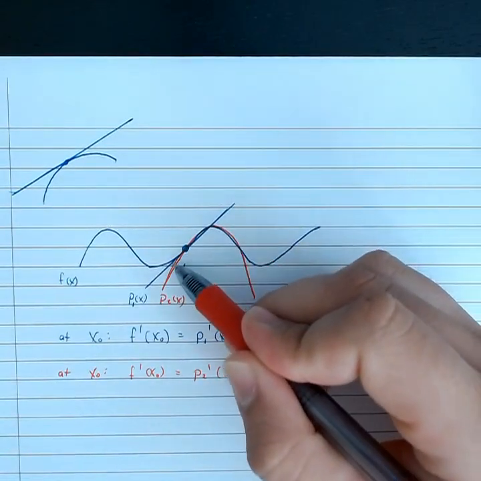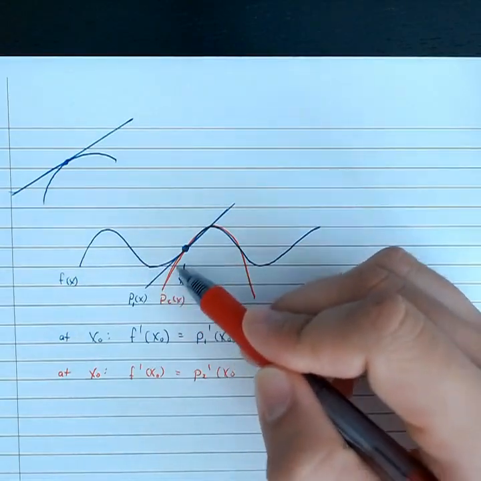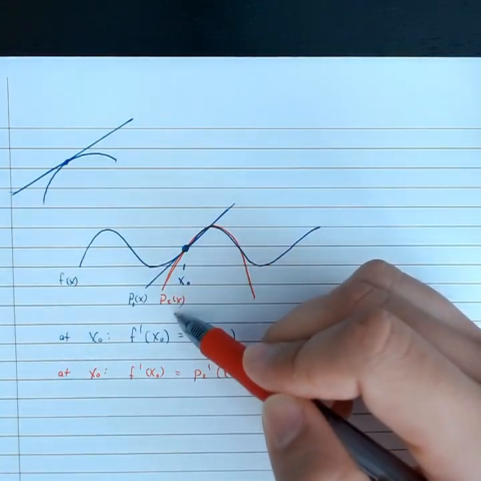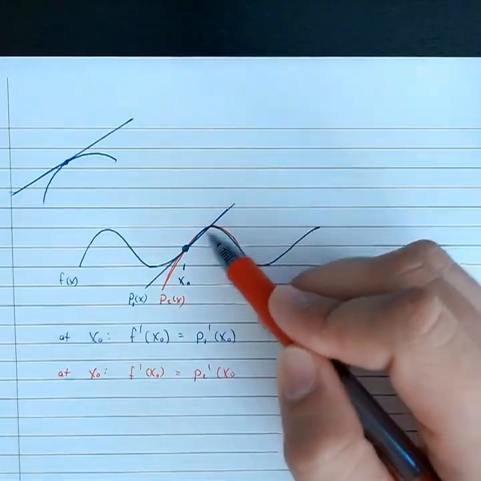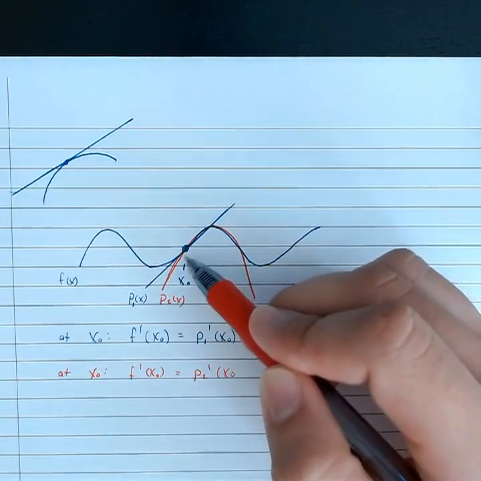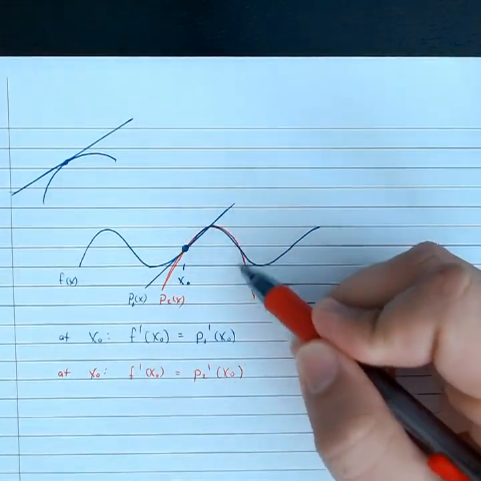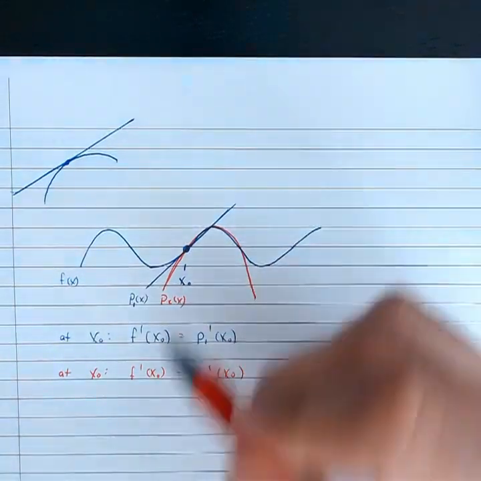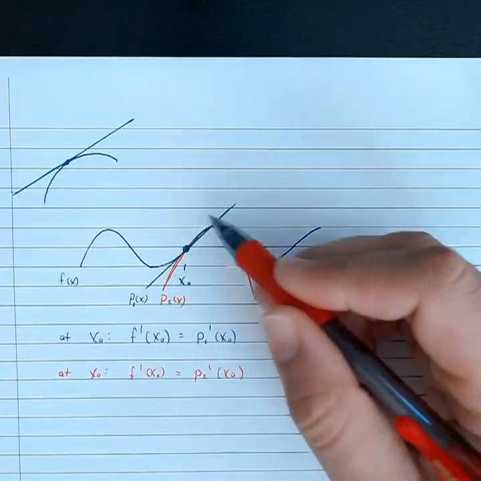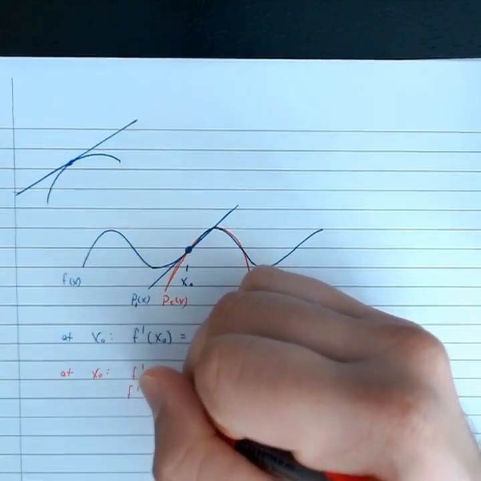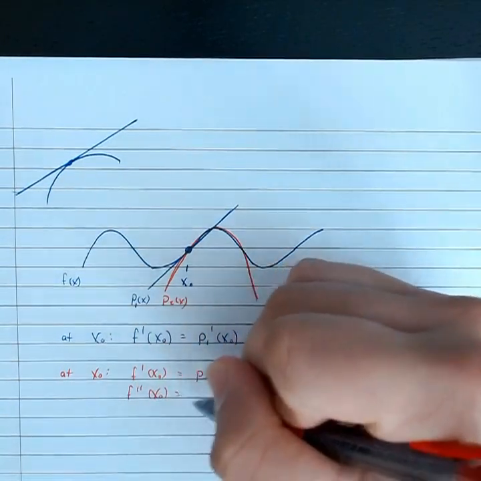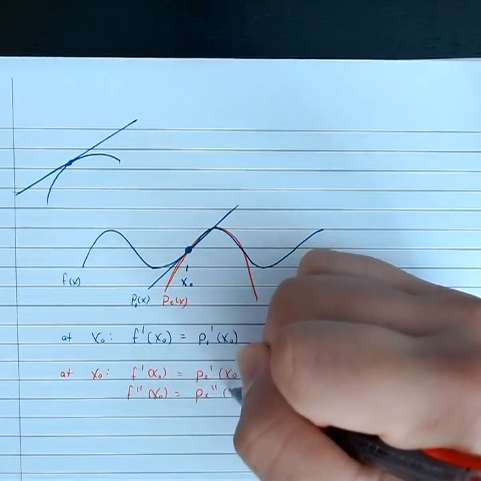Both the original function f and this parabolic function p2 have the same tangent line there. But not only are their derivatives equal, but their second derivatives are equal too. Notice their curvature matches at that point, their concavity. So here f double prime of x naught is equal to p2 double prime of x naught.